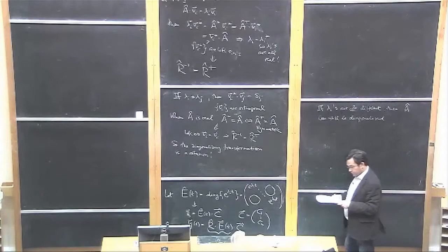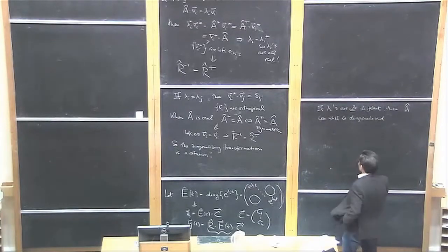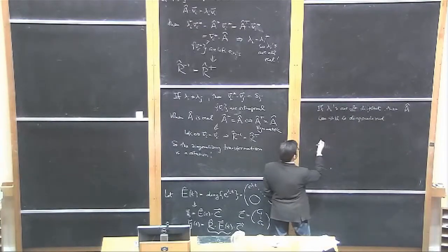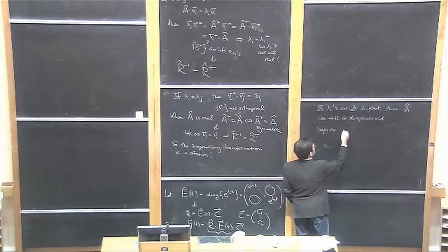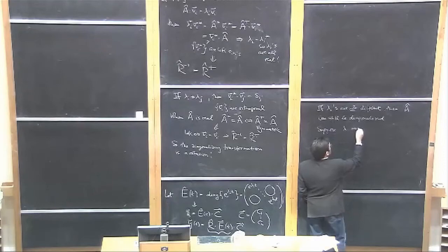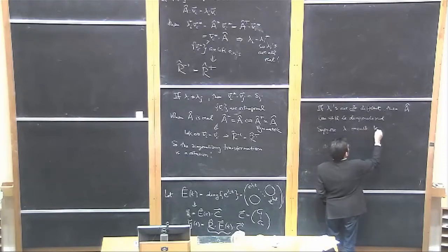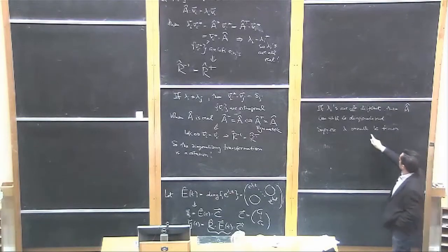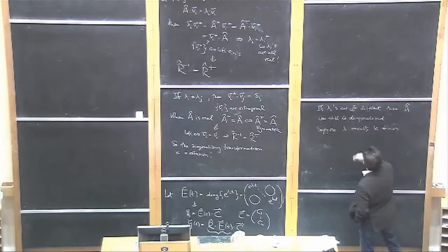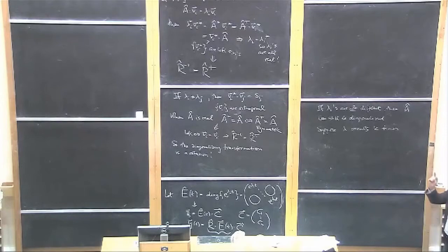How is it going to be diagonalized? Well, basically, what will happen is that suppose some value lambda occurs k times. Right? So let's say lambda has a degeneracy k.